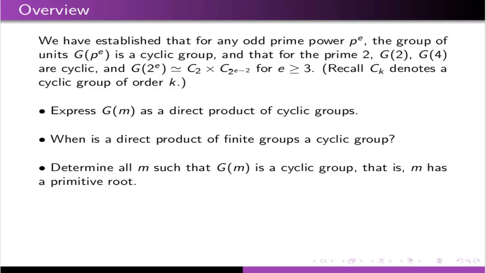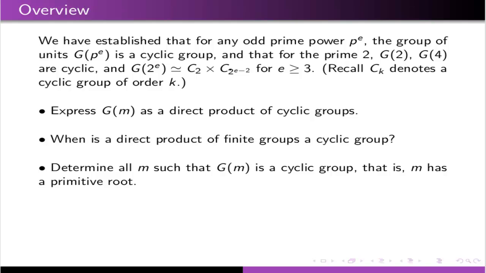So in this section, we first of all want to express Gm as a direct product of cyclic groups for any value of m. And then we want to ask, for what m is this going to be a cyclic group in the end? So we need to ask, when is a direct product of finite groups a cyclic group?